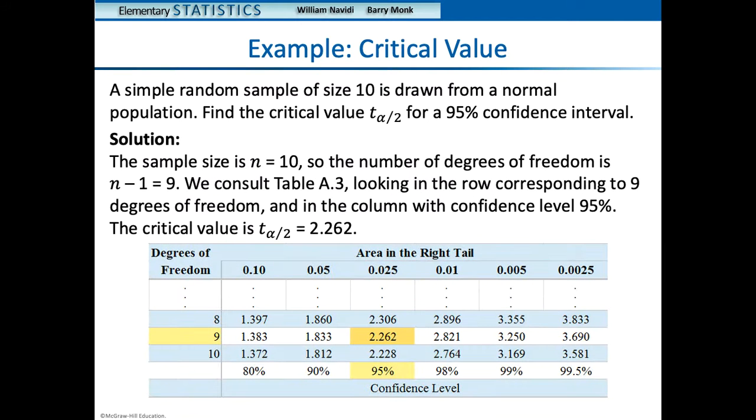Because the sample size is 10, the number of degrees of freedom is 9. So we would go to the table and find the row corresponding to 9 degrees of freedom, and then move across that row until we find the number in the column corresponding to 95% at the bottom. Where that row and that column meet, we find the number 2.262. That would be our critical value.